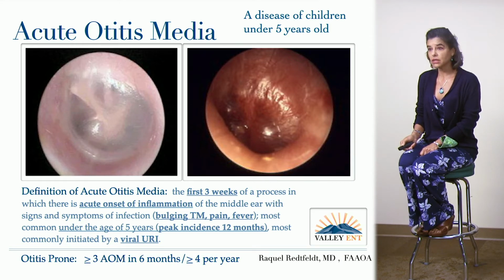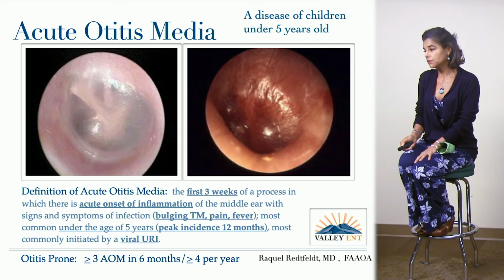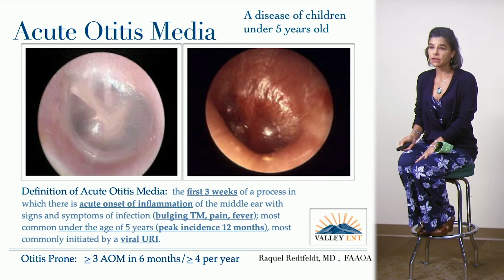It's an infection of the middle ear with signs and symptoms of that. So there's bulging of the eardrum, redness, the child's in pain, they have a fever, and the most common time to have this happen is under 5 years of age. The peak incidence is at a year, and most of the time this starts off with a viral upper respiratory infection.